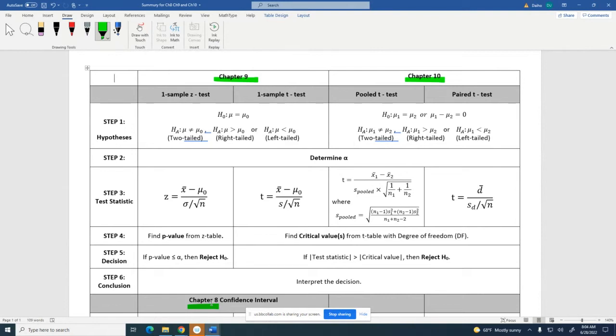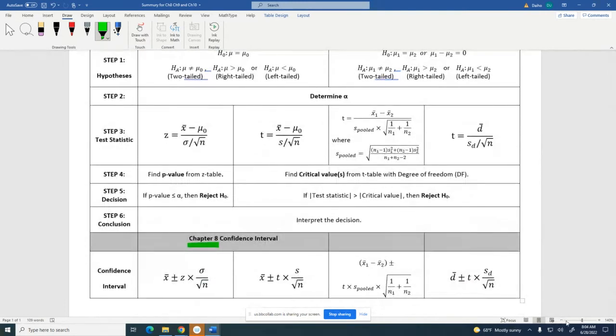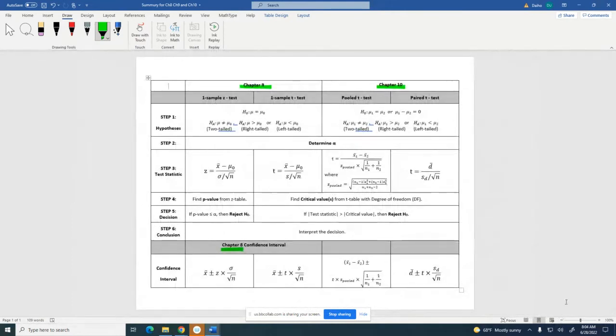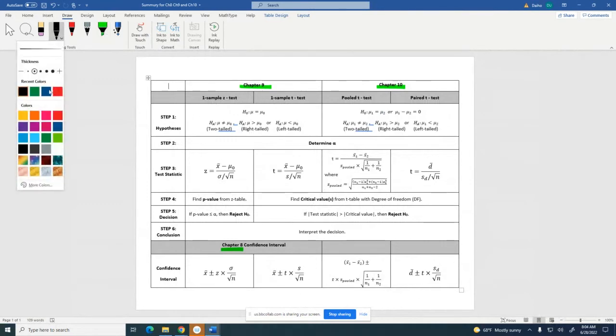In chapter 9, we discussed the confidence interval, right? It's basically, in chapter 8 and chapter 9, we had one population mean.